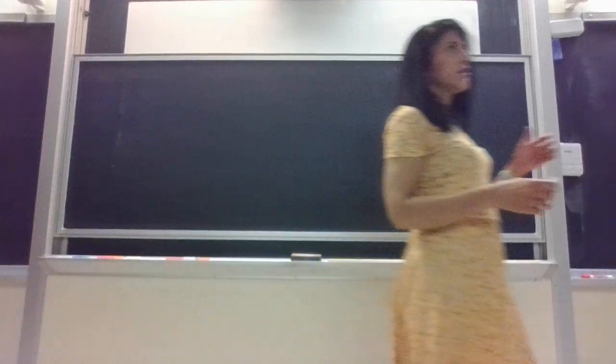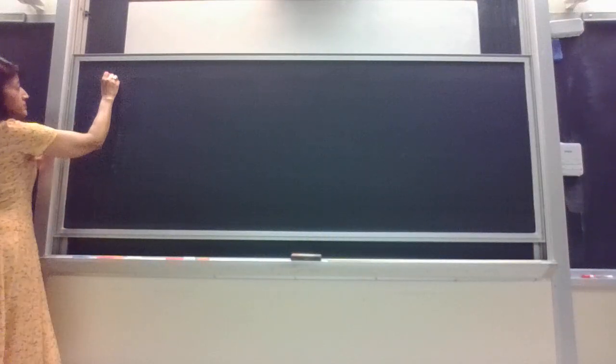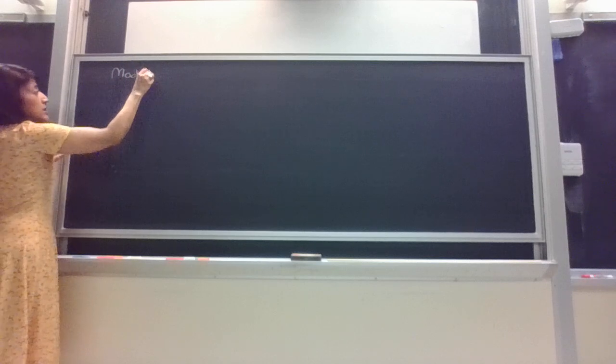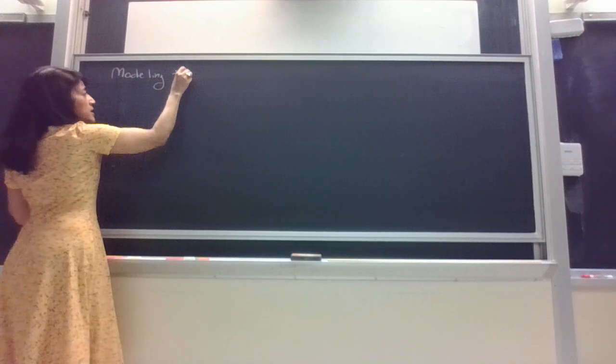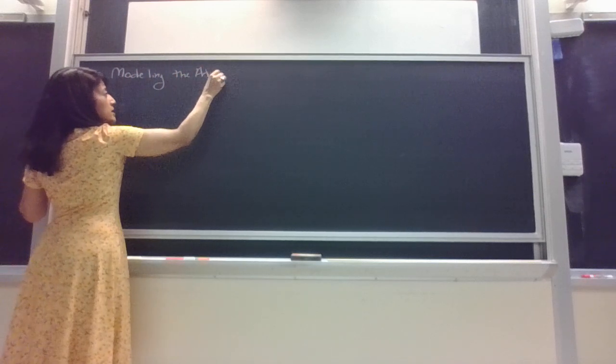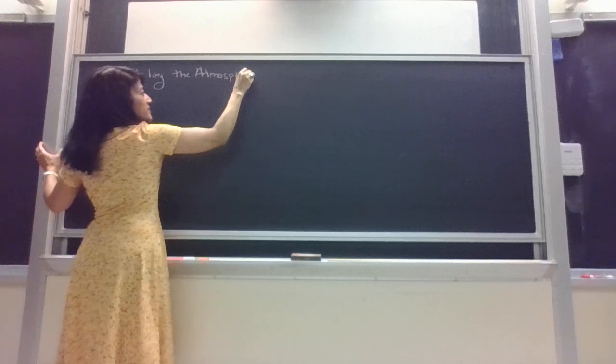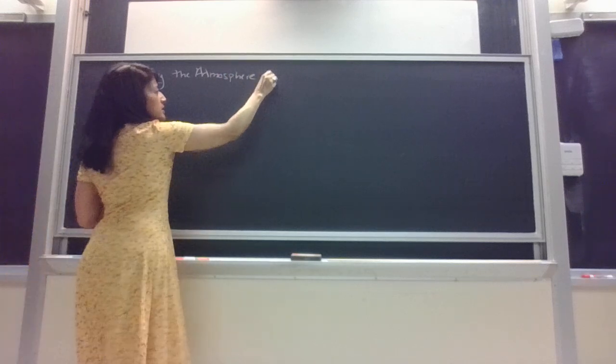But really what I think governed a lot of the mathematics in the 1950s that drove the education that you have today is the idea of modeling the atmosphere. And I'm not going to put the equations up here because they're really, really nasty. But that's kind of where everything comes from.